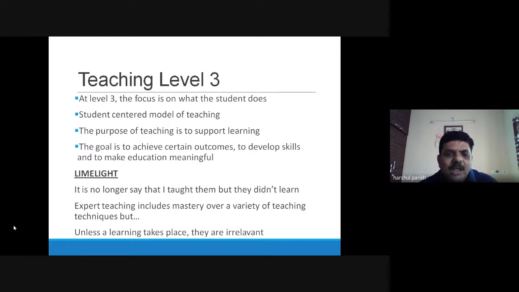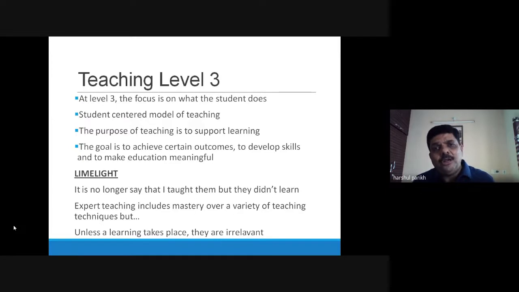What is the limelight? When we are teaching at a different level, it is no longer said that I taught them but they didn't learn. As teachers, we should not think like that. Expert teaching includes mastery over a variety of teaching techniques.